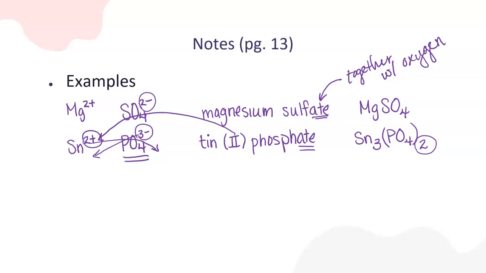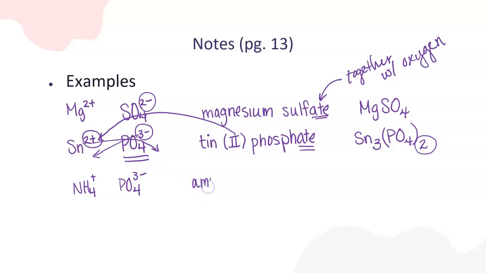So one more example. If we had 2 polyatomic ions, it still follows the same procedure. You first write the names, which NH4, if we look at our list, is the only cation that is a polyatomic ion.